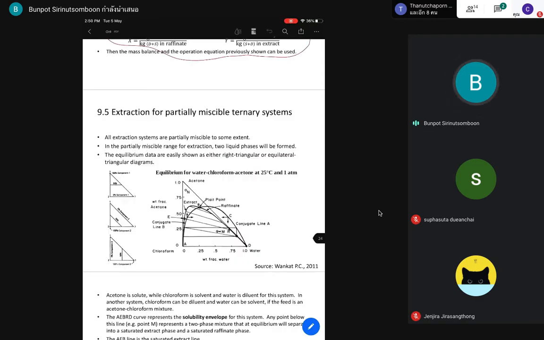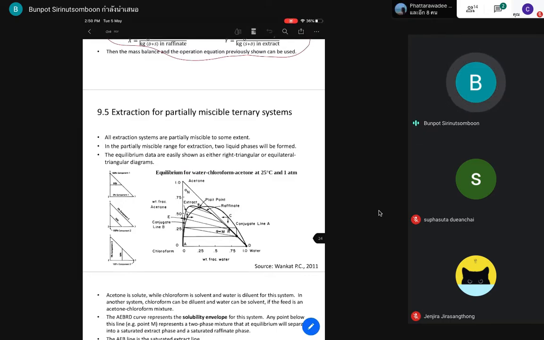This one right here is probably still one of the most difficult to understand. I don't know, have you guys reviewed how to draw the triangular diagram? Hello, anyone still with me? Anyone have any questions about the triangular diagram?